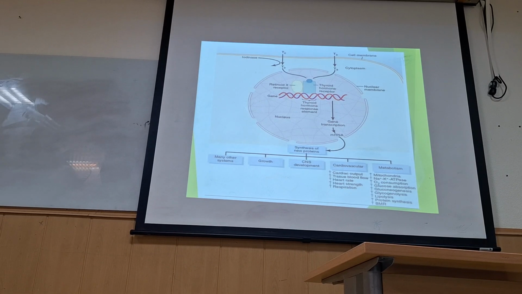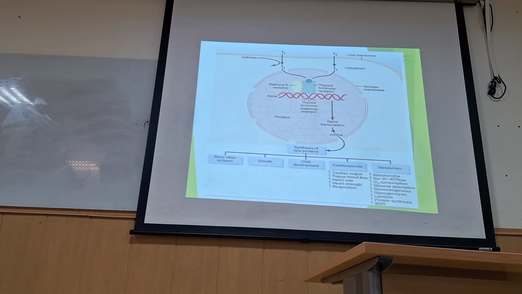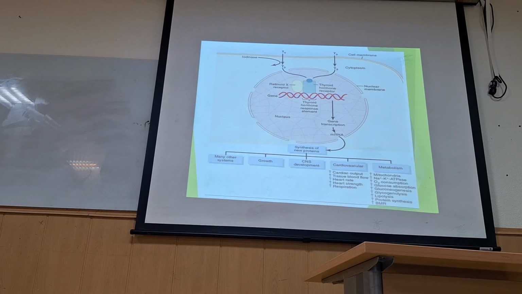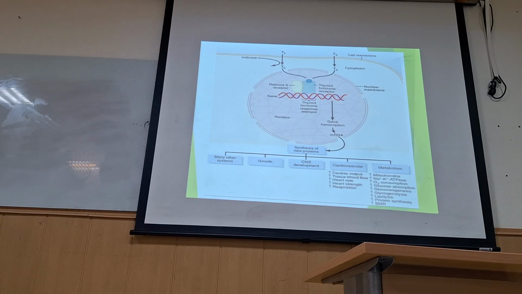Hyperthyroidism is very harmful for our body. In hypothyroidism, the value of thyroid hormone is very low and damages our body. Therefore, we need the normal value of thyroid hormones.